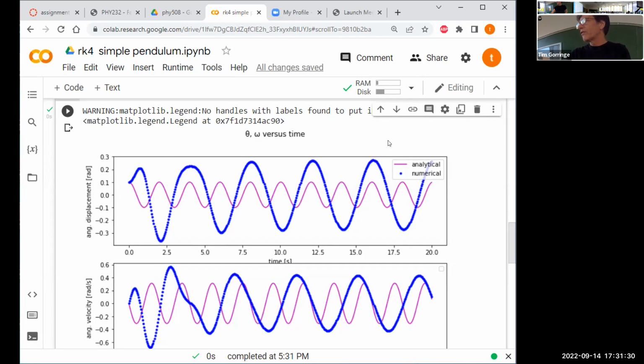But if you look over on the far right for the numerical solution, you see, again, simple oscillations with the driving frequency. The driving frequency is now half the natural frequency.